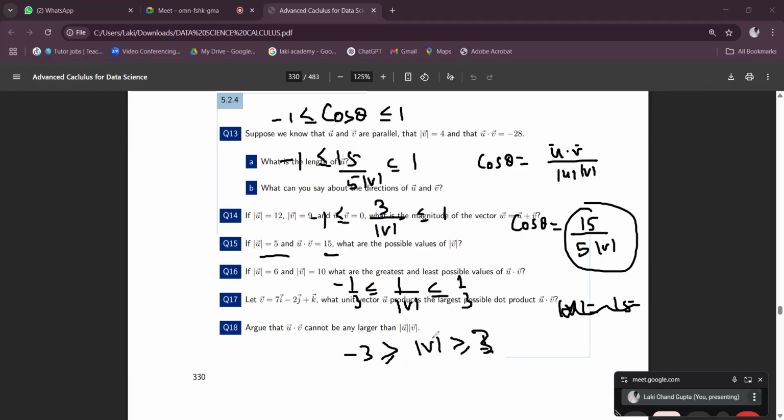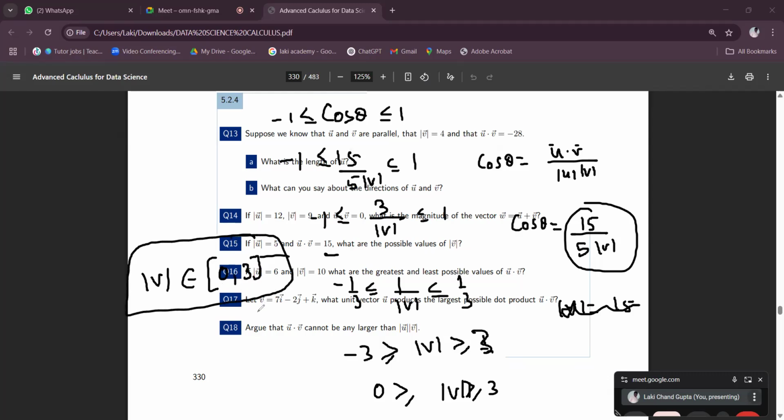But you know modulus is what? Always positive. Modulus is the absolute value. It is never negative. So you can say this will be 0. Yes, you can say the mod value lies from 0 to 3. These are possible values.